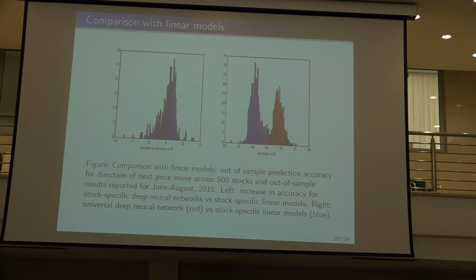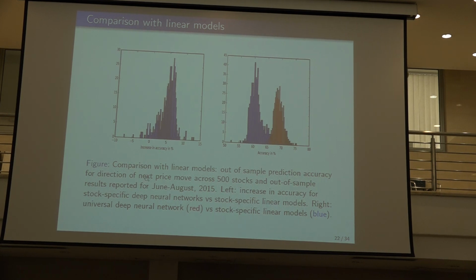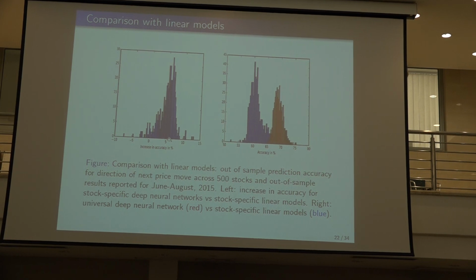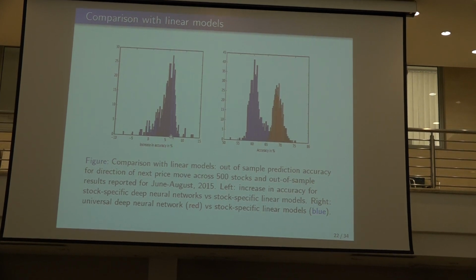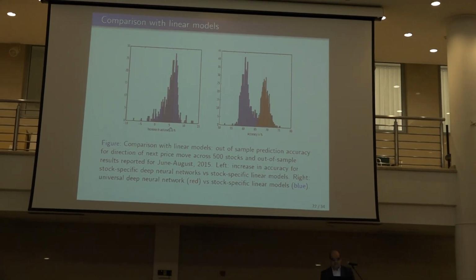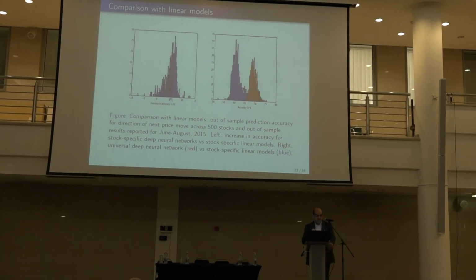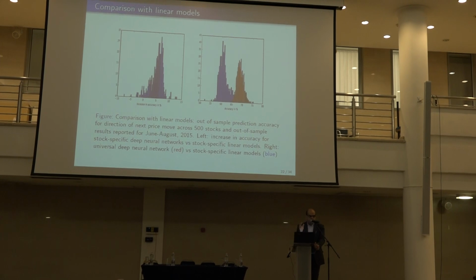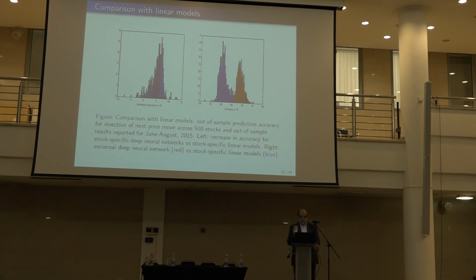You can see here the increase in accuracy of the neural network with respect to the linear model. On average, it's something like 5%. Again, the random benchmark is 50%, the linear model accuracy is shown here, 60%, and this is the accuracy for the neural network.